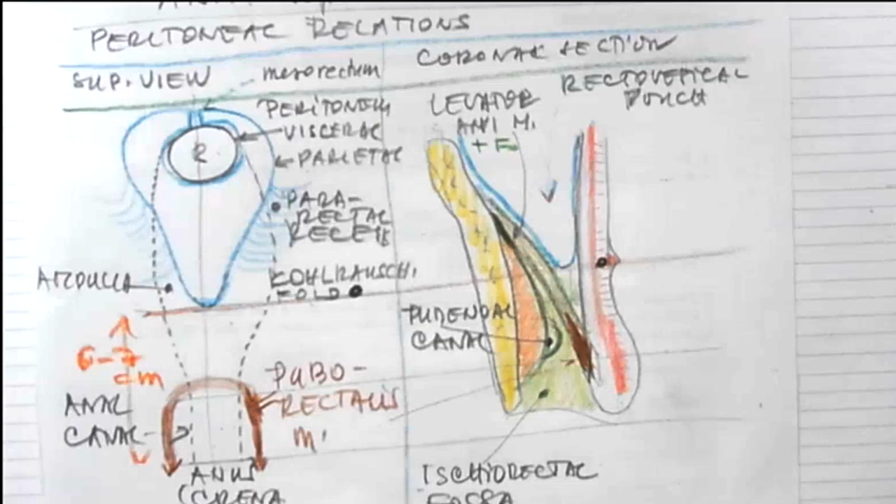Don't forget to place here the plexus. We call it the hemorrhoidal venous plexus. We remember this plexus as important in some cases.